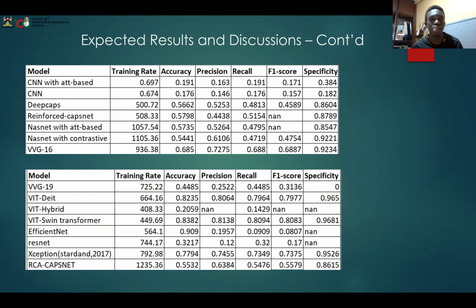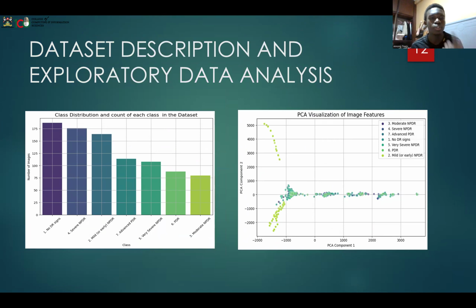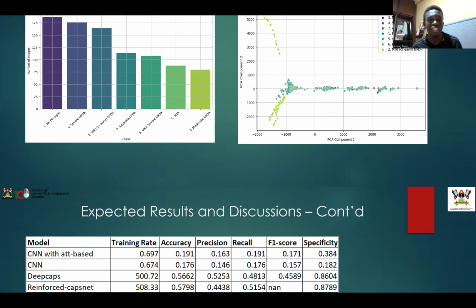After catering for the data imbalance, we tried different methods, but this one, the one you're actually seeing, where we carried out adversarial learning on the mild dataset, actually produced better results.